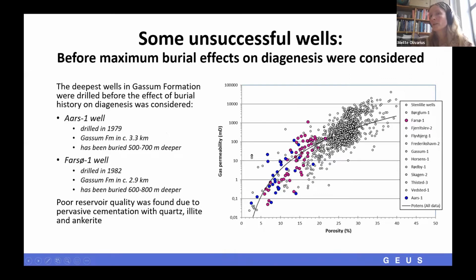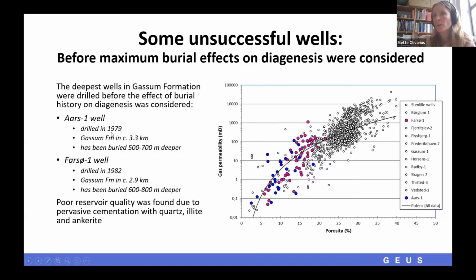I've just highlighted two wells which were unsuccessful, and they were drilled before the effects of maximum burial on diagenesis were considered, before they thought about how the deeper burial of the sediments many years ago has affected the reservoir properties.